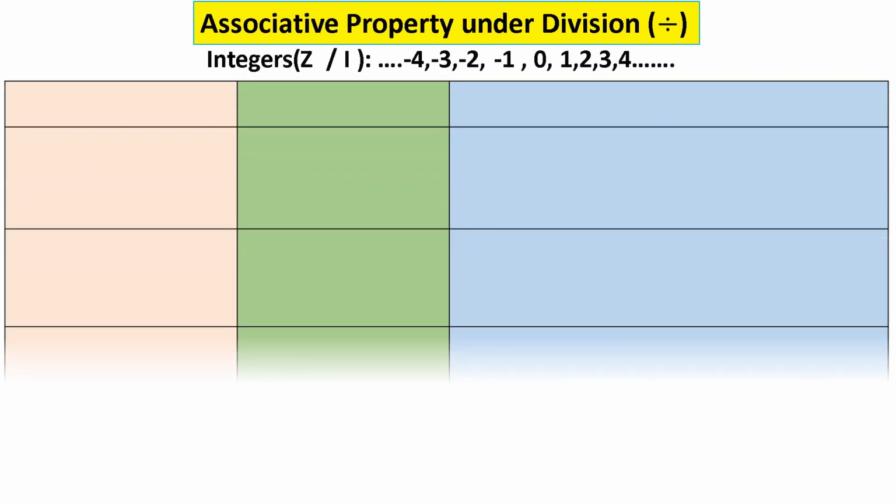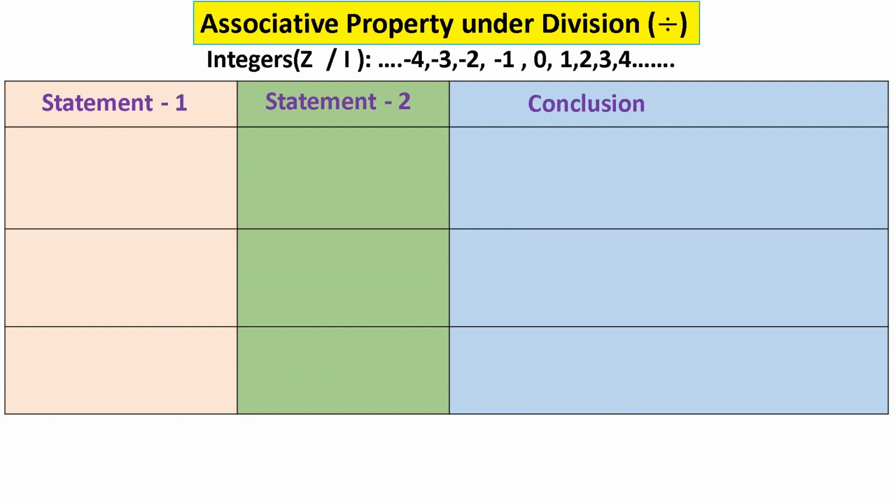Associative property under division. Now here: statement 1, statement 2, conclusion. Here we will take 3 integers, and the operation between them is division. Why? Because we will check the associative property under division. So first we do the first 2 integers and then go to the third integer.